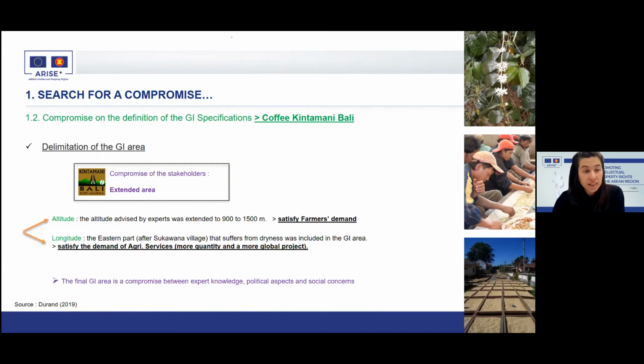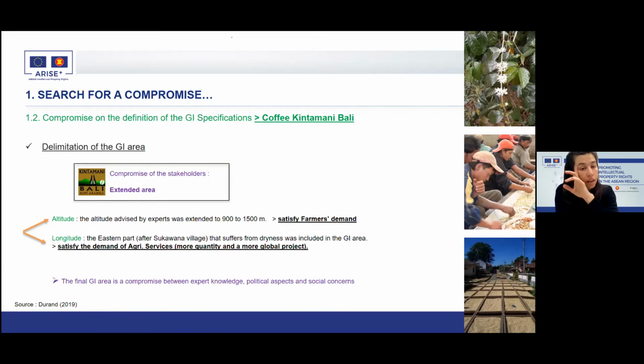So the final delimitation of the area is, of course, a compromise, and the stakeholders decided to keep the extended area. The objective was to include more farmers and to be able to trade more coffee. For the altitude, they extended the altitude advised by the experts, so from 900 to 1,500 meters. That was satisfying farmers' demand to include also farmers from the lower lands.